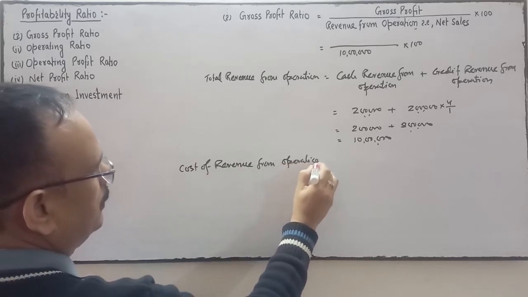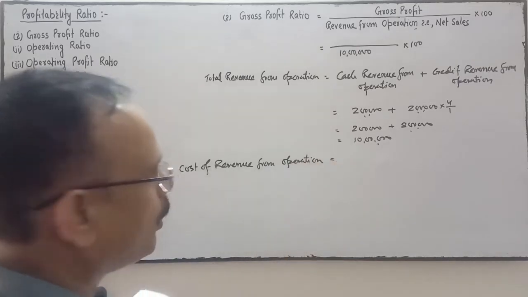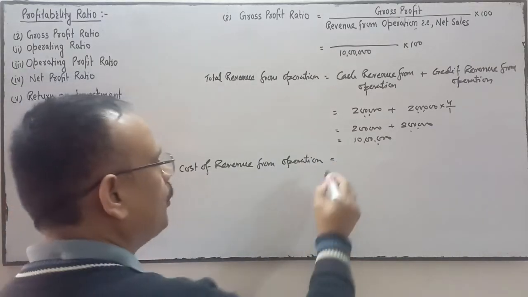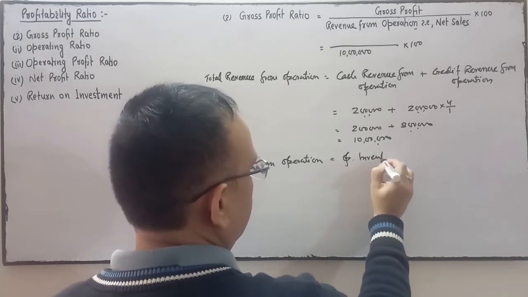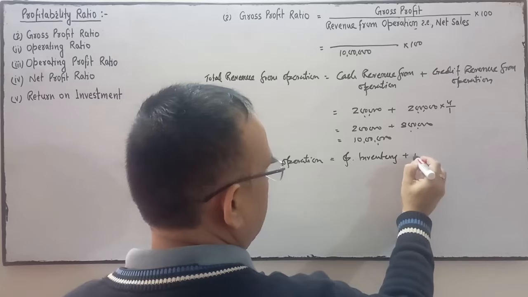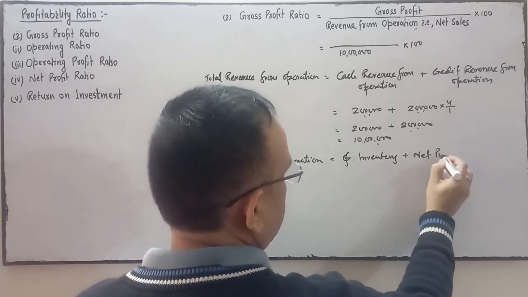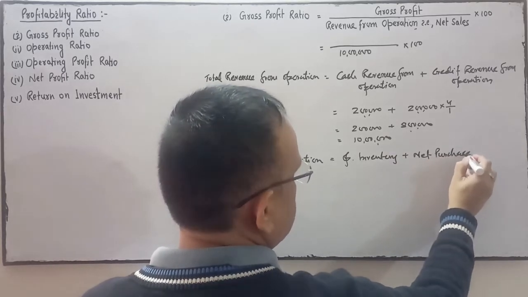So we know that the cost of revenue from operation is opening inventory plus net purchase plus direct expense.